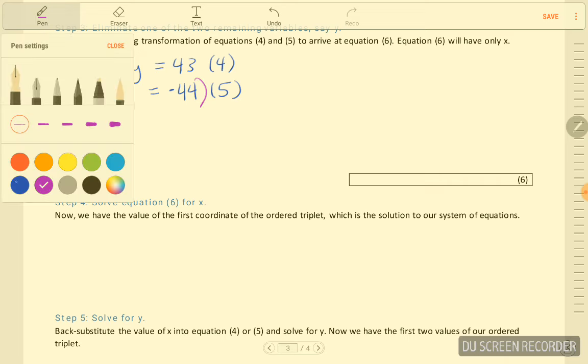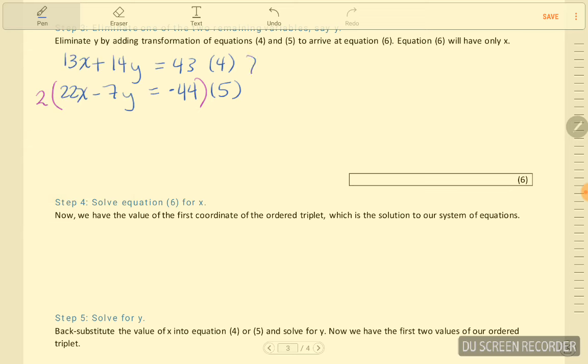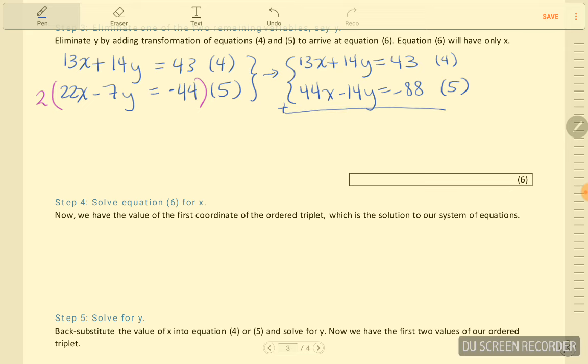So I will have a new equivalent equation for equation 5. The equation 4 stays the same. Equation 5 has a new hairstyle. And I can now add those together to eliminate y.